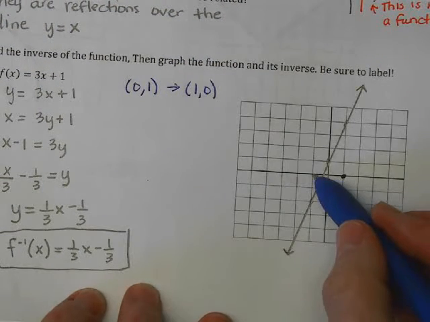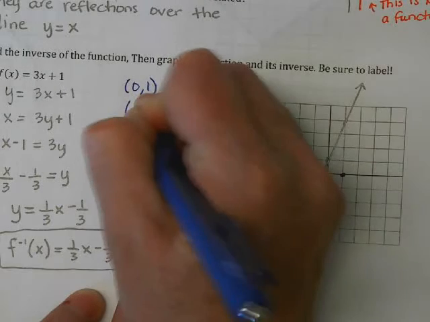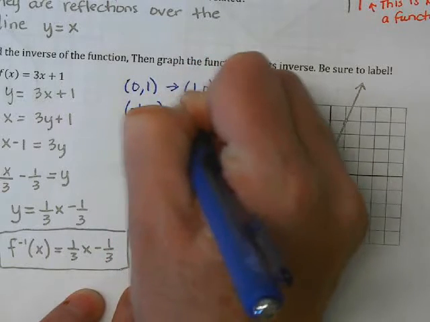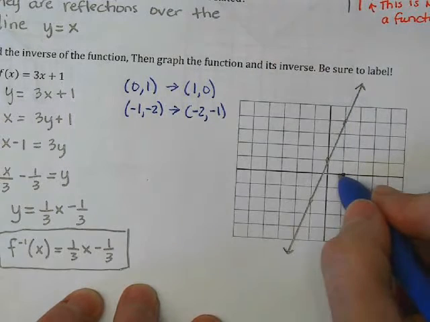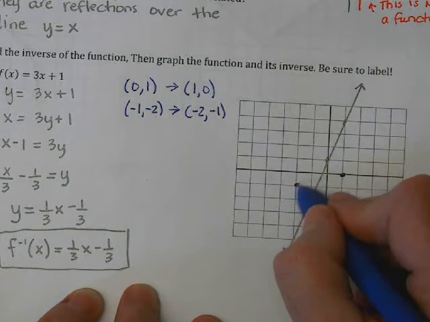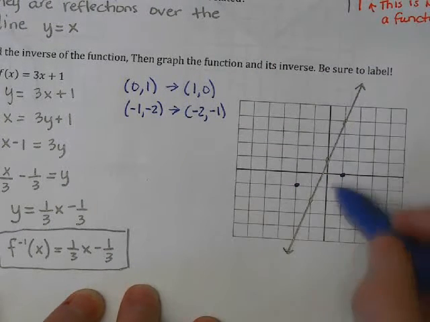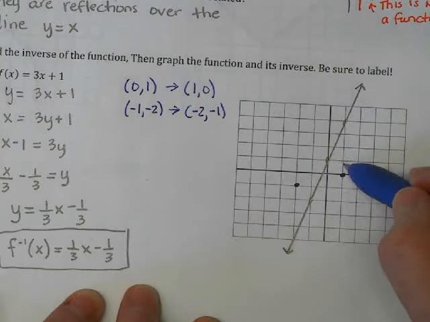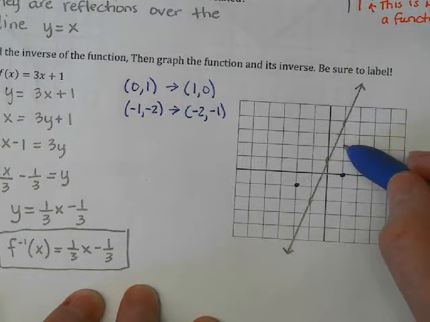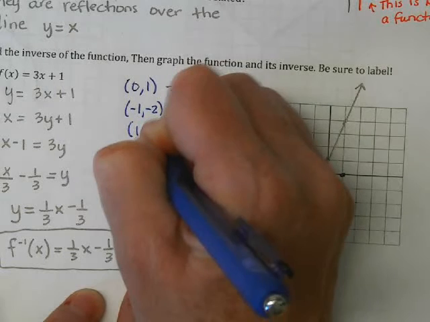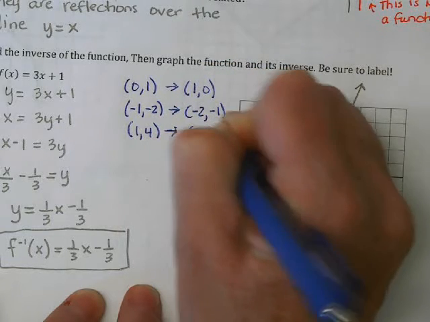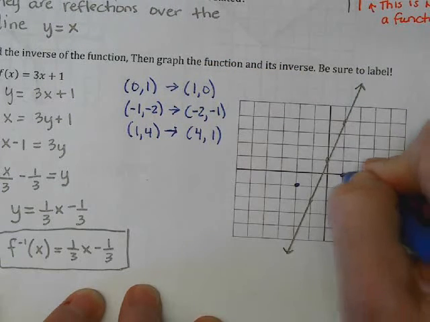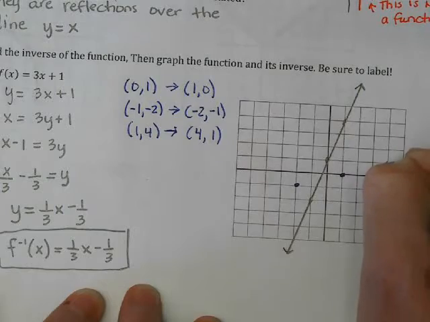On the original graph I had (-1, -2), so I'm going to make that (-2, -1). We had here (1, 4), so I'm going to switch x and y and make that (4, 1).